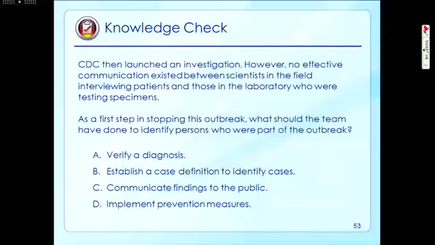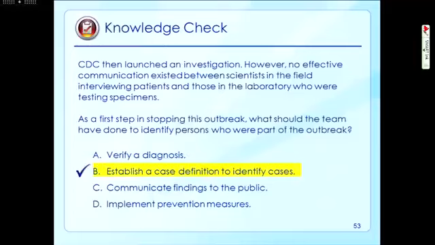CDC then launched an investigation. However, no effective communication existed between scientists in the field interviewing patients and those in the laboratory who were testing specimens. As a first step in stopping this outbreak, what should the team have done to identify persons who were part of the outbreak?